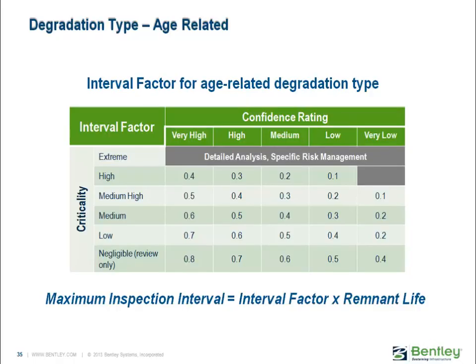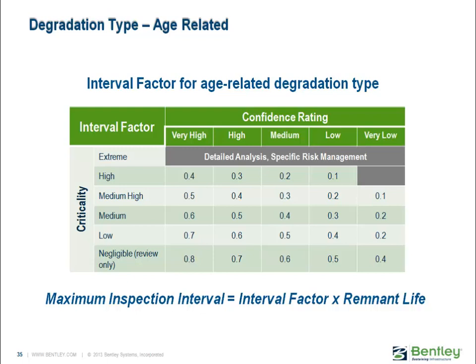If an asset is subject to a failure mode with age-related degradation type, the combination of criticality and confidence rating is used to derive the inspection interval factor. Then this inspection interval factor is multiplied by remnant life to determine the maximum inspection interval. As mentioned before, the interval factor in APM RBI methodology can change between 0 and 0.8.